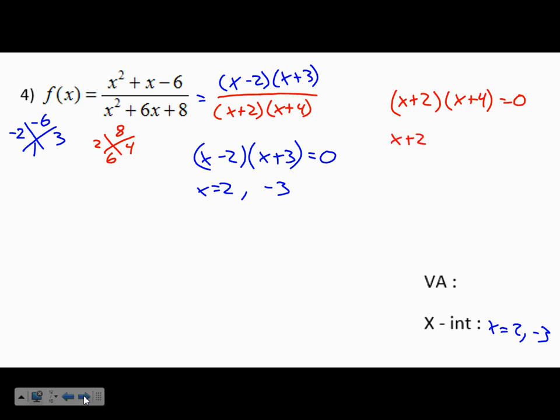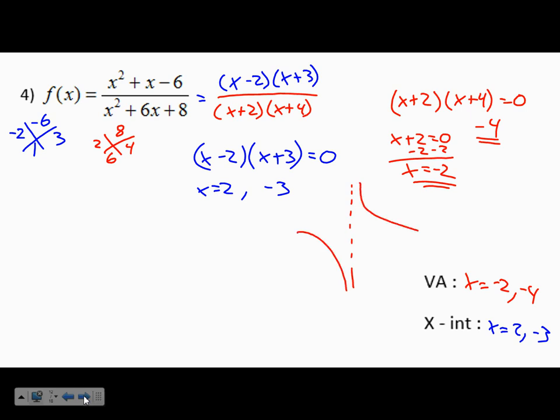If you need to solve it, you can. x is equal to negative 2, and this one, again, hopefully you don't need to solve those by this time. But our vertical asymptotes are at negative 2 and negative 4. So in our graph, they'd be vertical lines, and our graph would not actually touch those lines. They'd get close, but not ever cross them. Just like those pictures we did earlier.